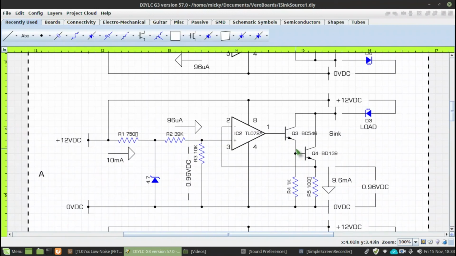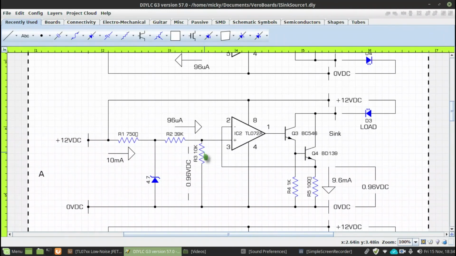If that were to go up there, the emitter of Q3 would go up and the emitter of Q4 would go up. So the output will follow pin 3, which is the non-inverting input. Whatever voltage is placed on here will be reflected directly to the output of Q4, which leads us to the thought that R3 could actually be a variable resistor.